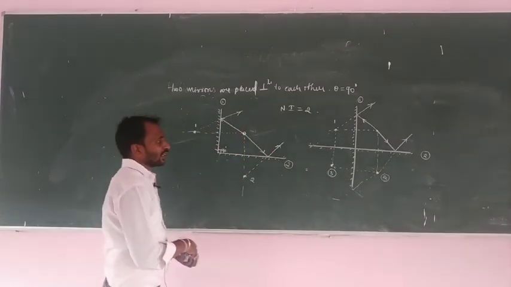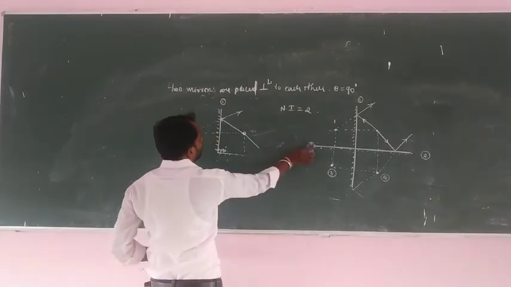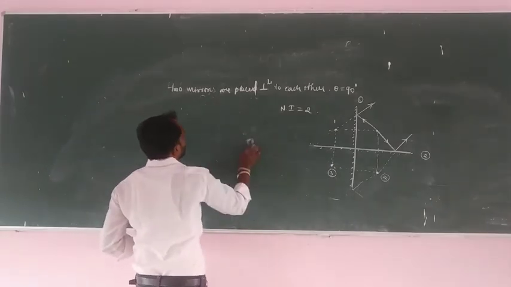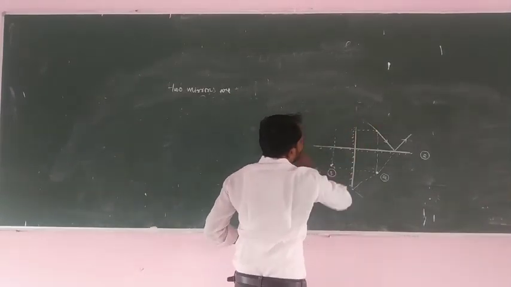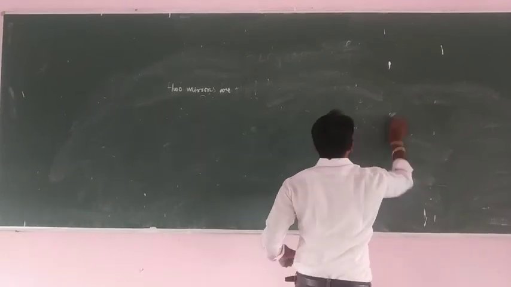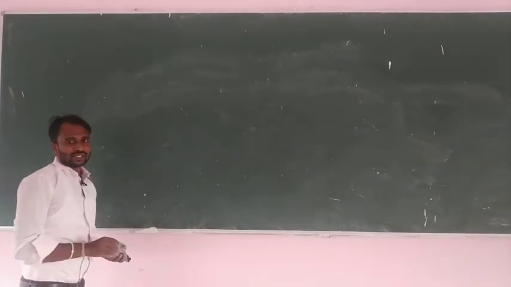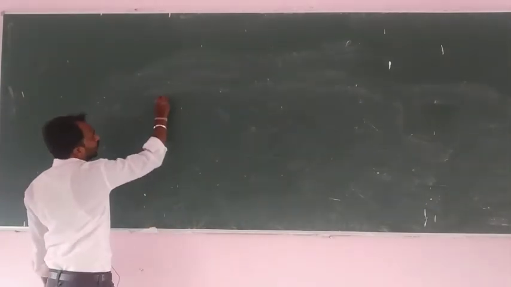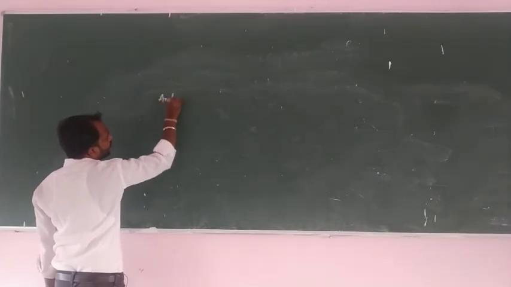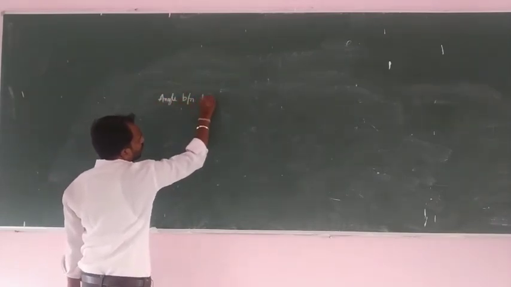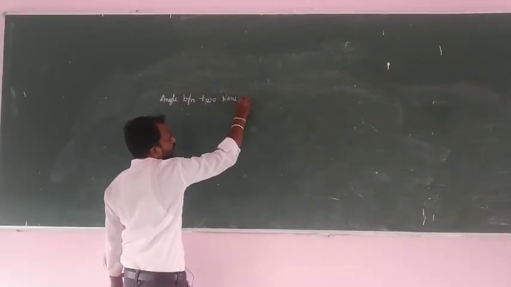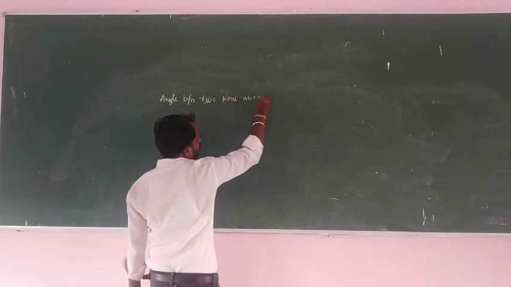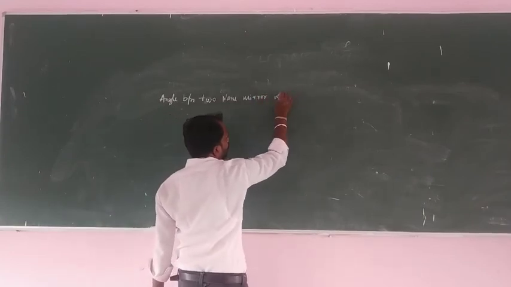Okay, another condition. Suppose two plane mirrors are placed with an angle in between of 60 degrees. It means the angle between two plane mirrors is 60 degrees.